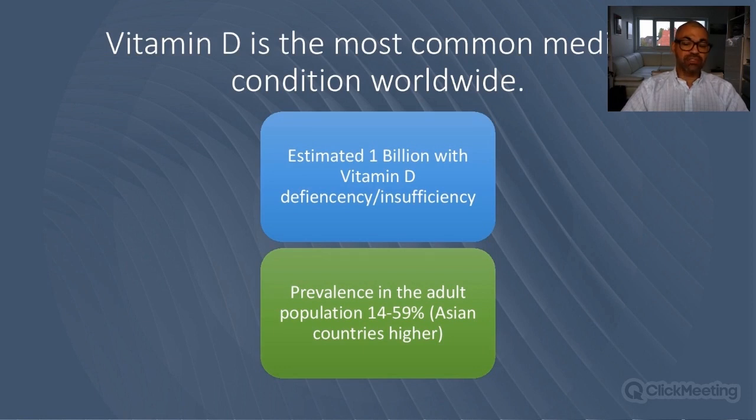In the Asian countries, it is even higher. I'm not a virologist, and I'm not dealing with the very challenging situations virologists are facing today. But we know that this might be a reason why so many Asians have been affected by the virus, because they are pretty low in vitamin D3.